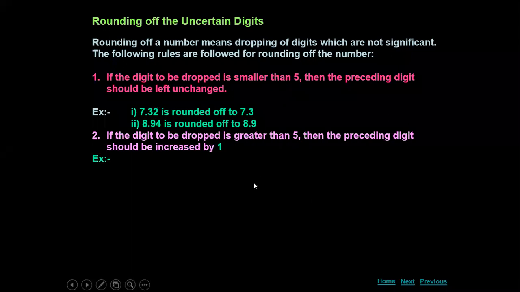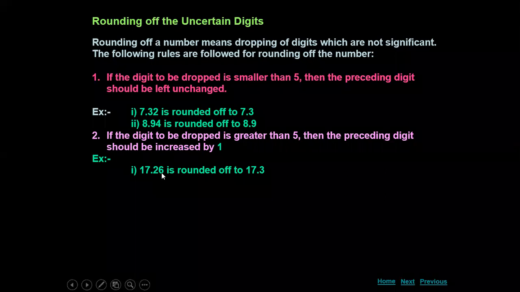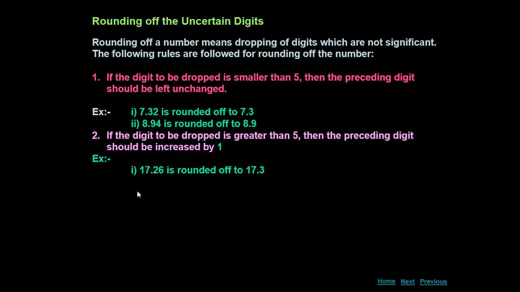Example: 17.26. This 6 is greater than 5. So when we drop it, 1 has to be added to the preceding 2. So 2 will become 3 when we drop this 6. It will become 17.3.